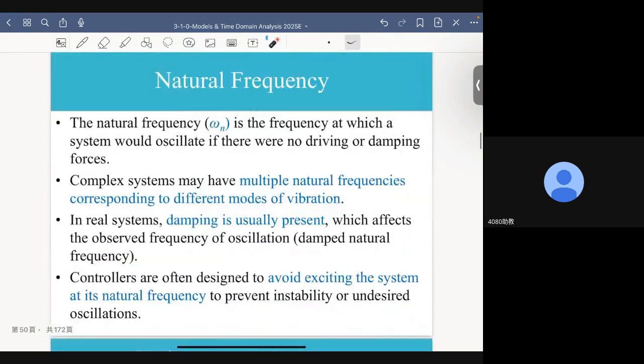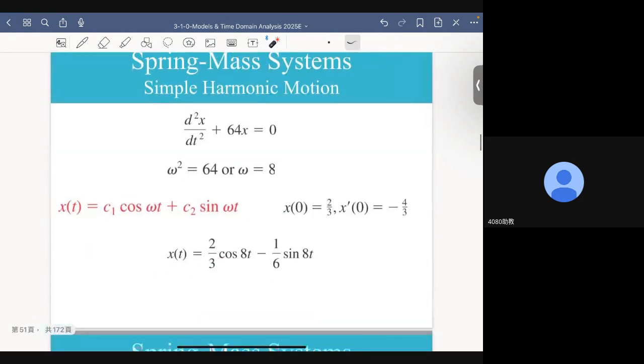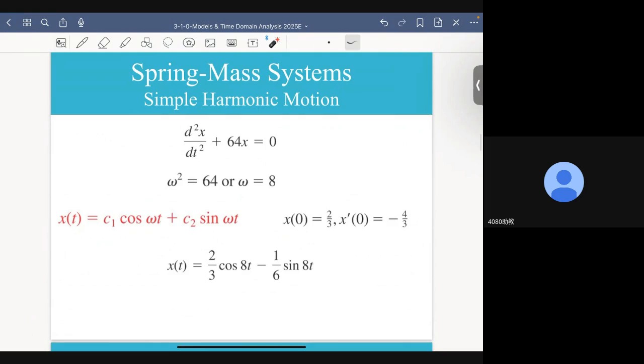Now, let's look at simple examples of a spring mass system, okay? And its response pattern is what we call simple harmonic motion. Now, this is the second order equation that can describe a spring mass system.